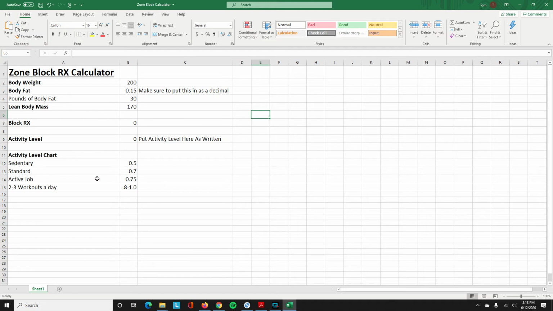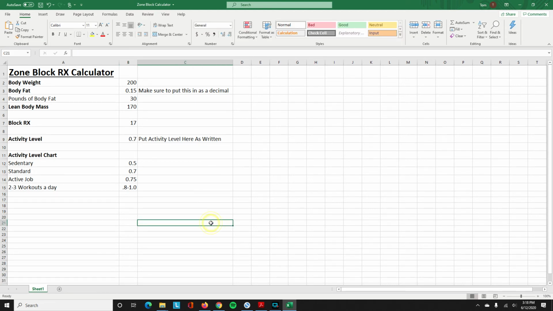If you have an active job, say you're a construction worker or you do physical labor, you could do 0.75. If you're really an elite athlete, somebody training for marathons, triathlons, things along those lines, that could get up into the 0.8 to 1.0. Usually most people are going to fall at 0.5 to 0.7, somewhere in there. So let's just put in 0.7 just because.